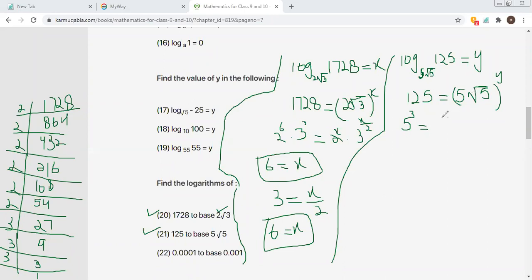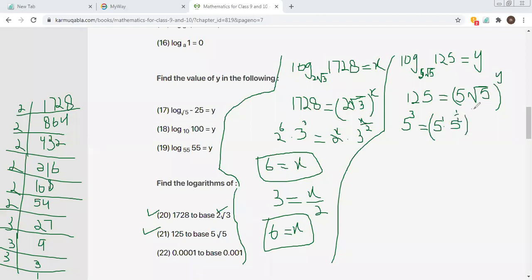Open bracket, apply power. Bases are the same. So we will write, it has power 1, and root 5 means power 1 upon 2.